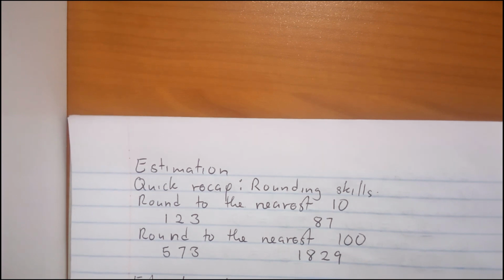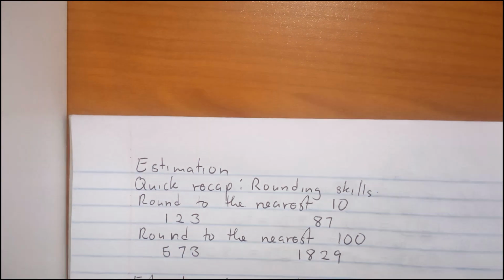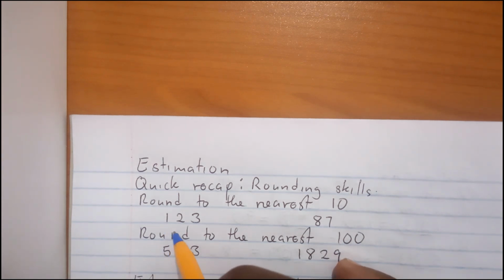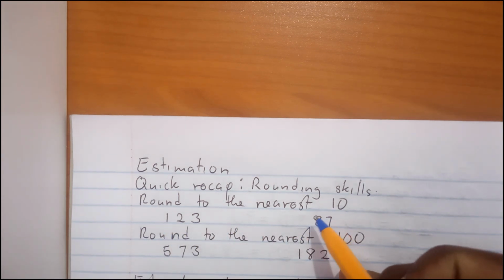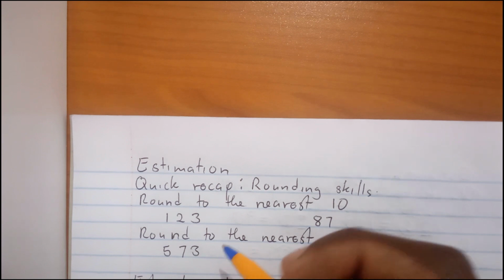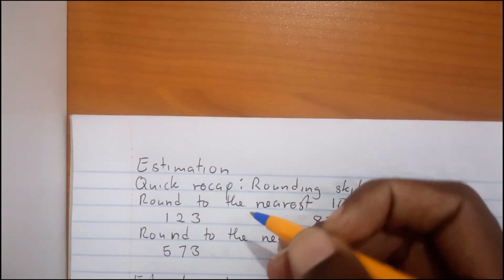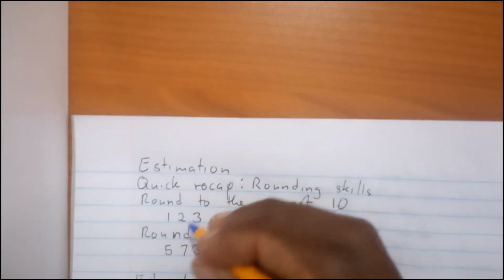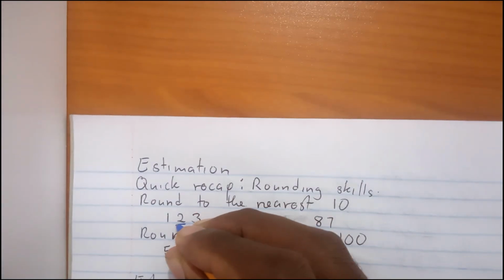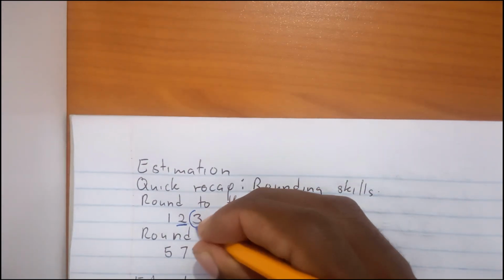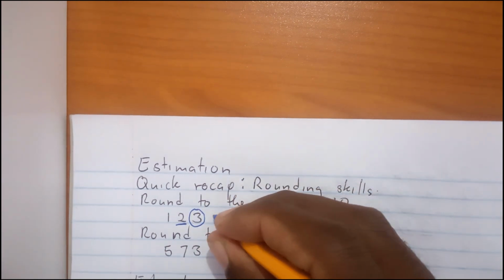Before we start, how well are your rounding skills? We have the following numbers, rounding to the nearest 10. So 123, how do we round that to the nearest 10? First, underline the number, then circle the determinant.